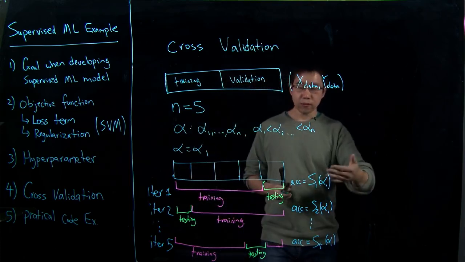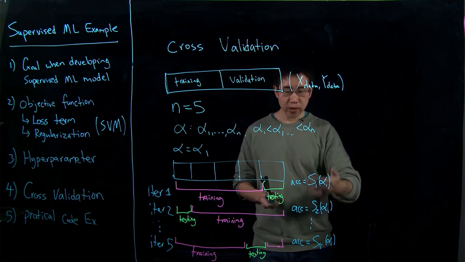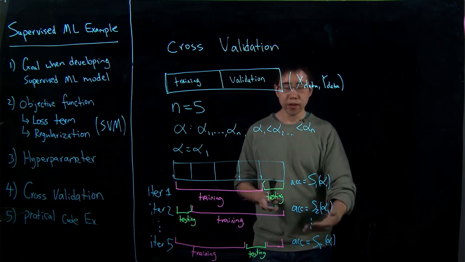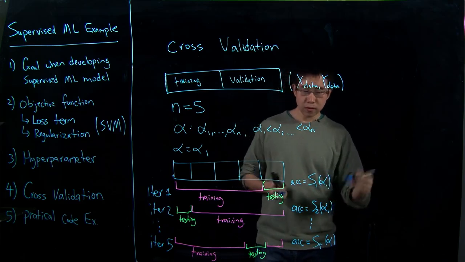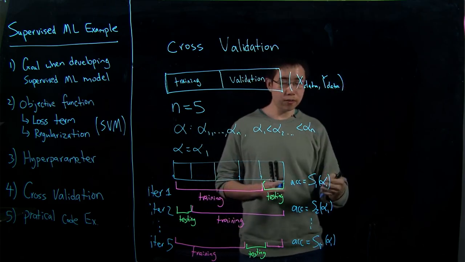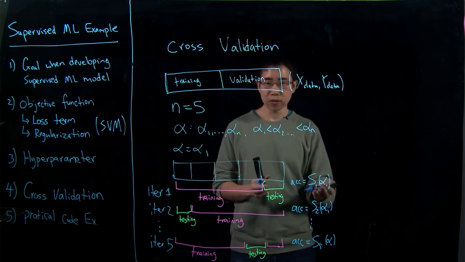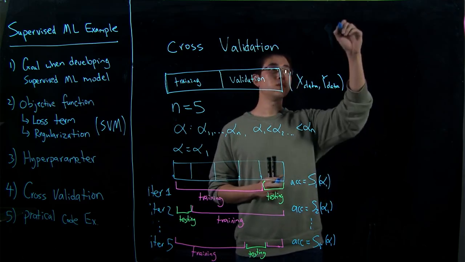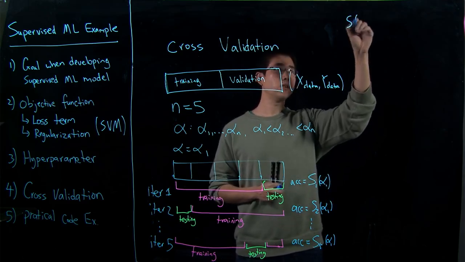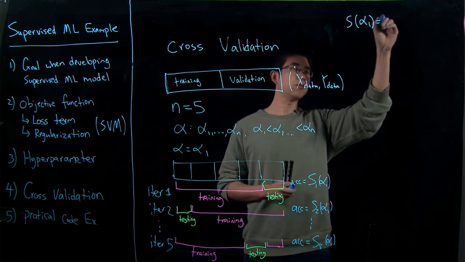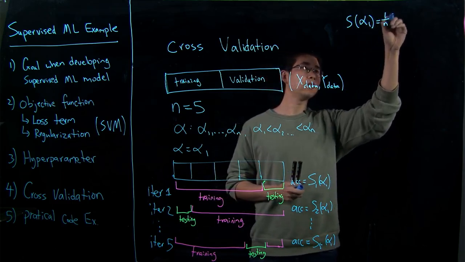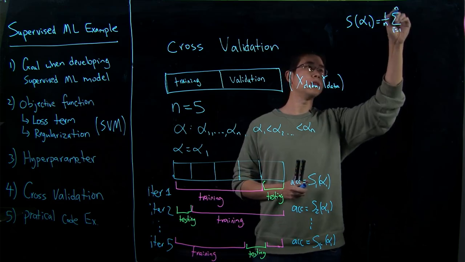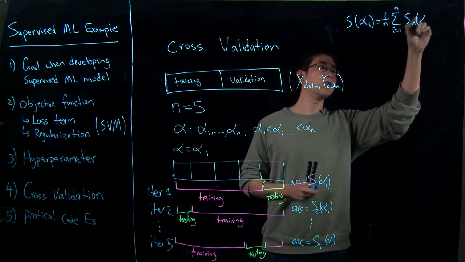So now we see that for this value of alpha, alpha 1, we have, in this case, 5 different accuracy values. Let's just average that to give an accuracy value to this particular value of alpha. So let's call it S of alpha 1 is just 1 over n, the sum from i equals 1 to n of S_i of alpha 1.